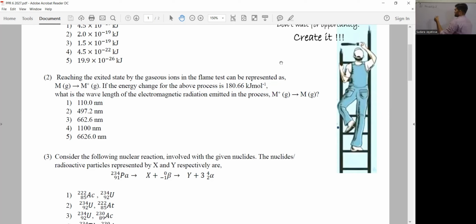Okay, so you can say this energy is emitted as photons, right? So then you can apply our formula and find out what is the answer.